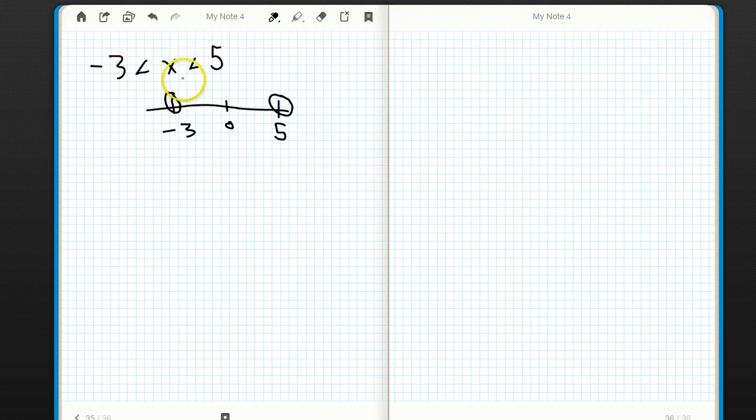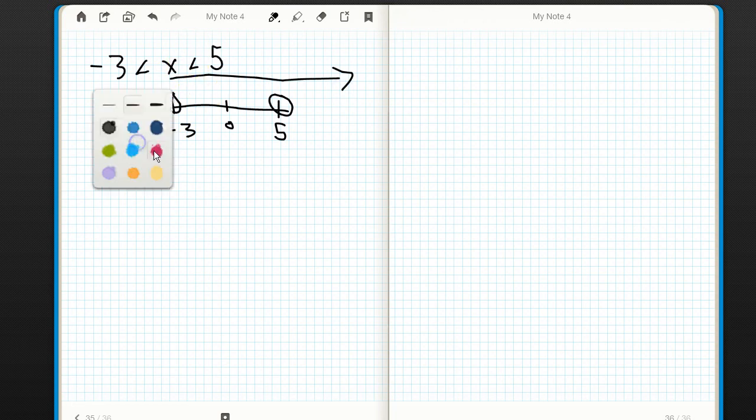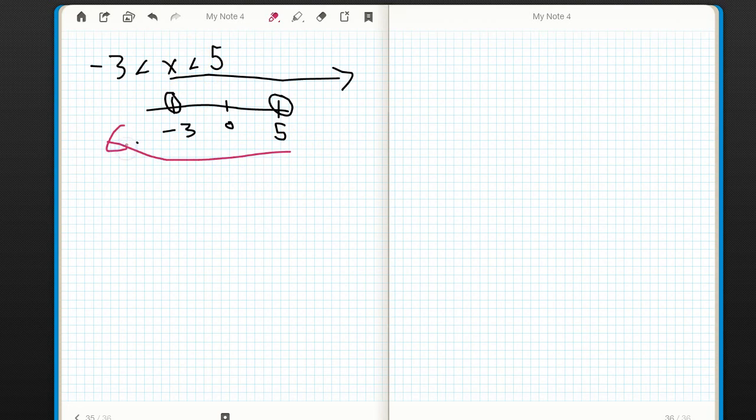So x is greater than -3 is all of these this way. X less than 5 is all of these here. But this is a compound, right? So we say it as x is greater than -3 and x is less than 5.